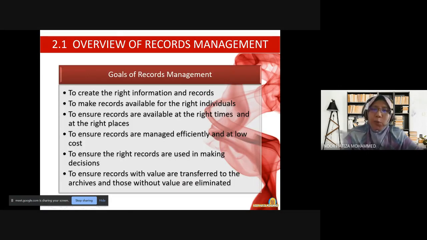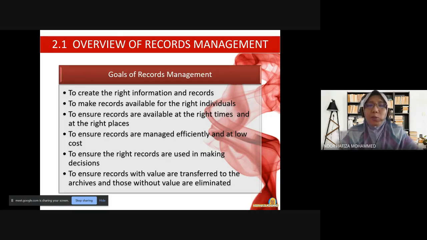Okay, next one, we are going to proceed to the goals of records management. What are the goals of records management? The first one is to create the right information and records, and to make records available for the right individuals.